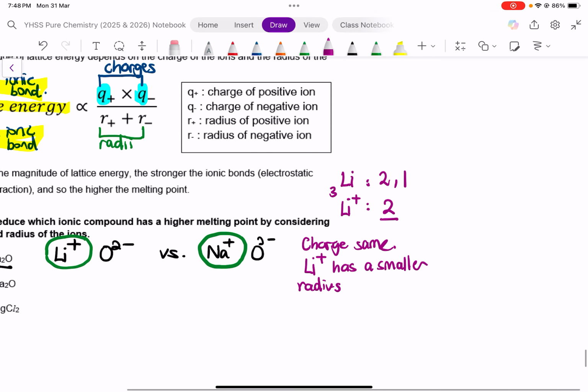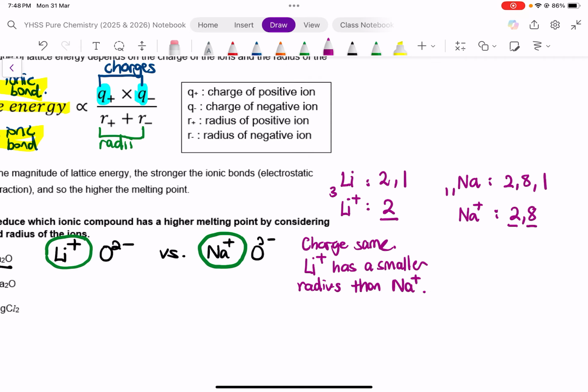On the other hand, sodium, which has 11 electrons, is 2, 8, 1. After losing the 1 valence electron, it will be 2, 8. You can clearly see the sodium ion has 2 shells. Therefore, we can conclude, in comparison, Li plus must have a smaller radius than Na plus.